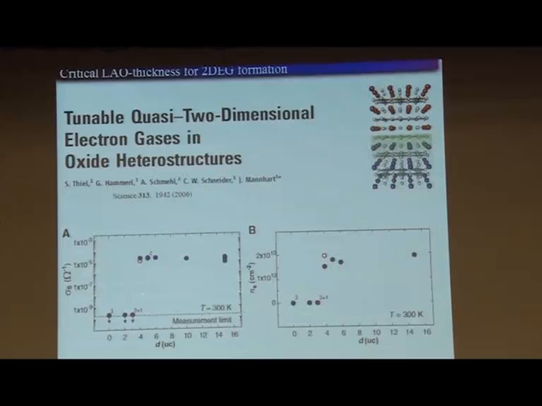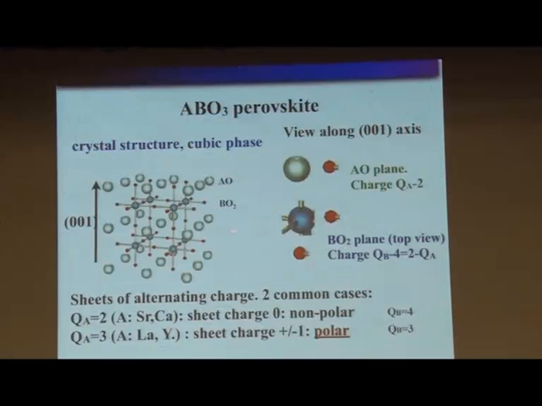So this is another experiment. This is something that Professor Sharma has already shown, that you have these two kinds of planes, BO2 and AO, and depending on what your A and B are, they have different charges. They can be neutral or they can be polar.